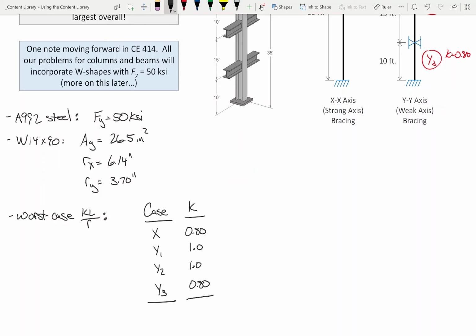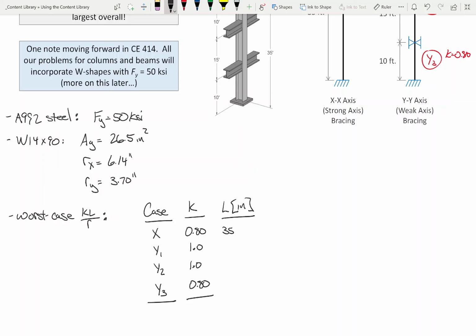What about the length? First off, what units do we really want the length to be in? Inches, right? So for the x-axis, what is the length reported on the diagram?